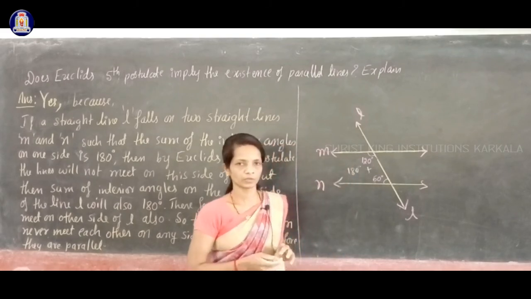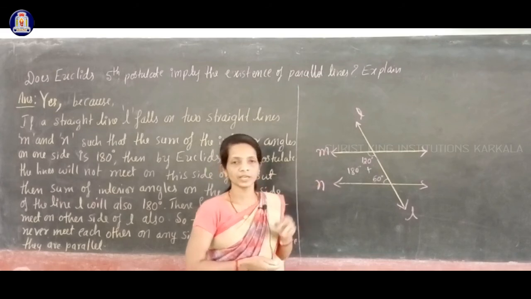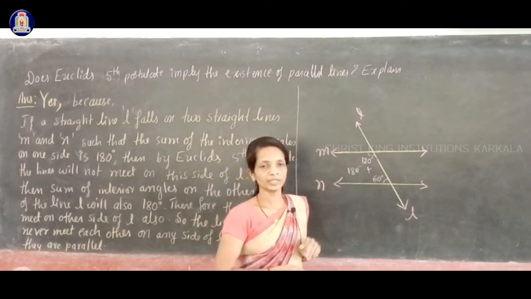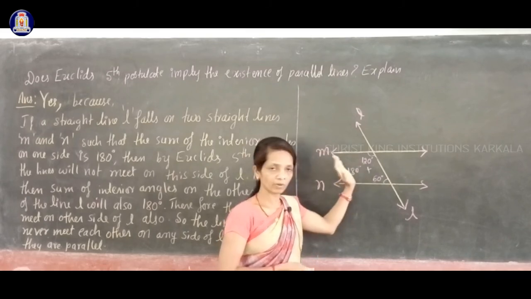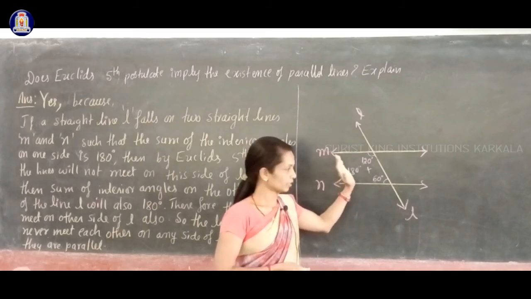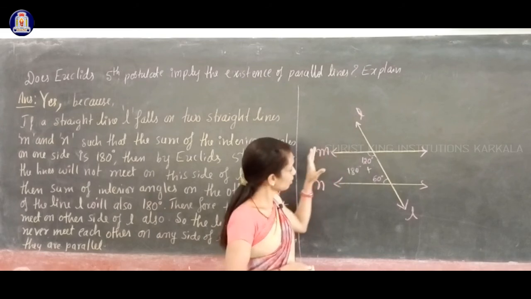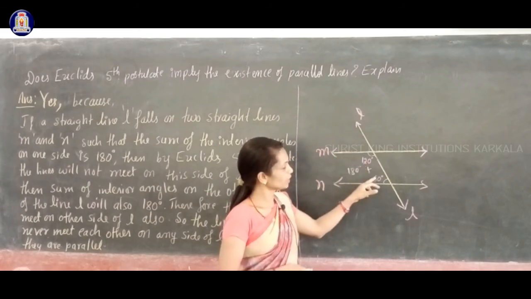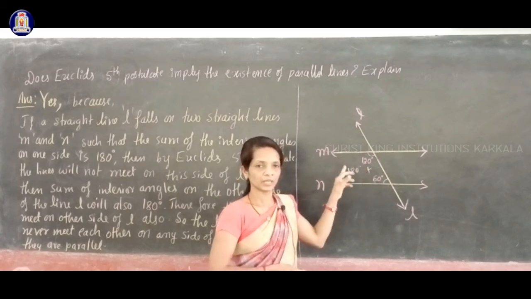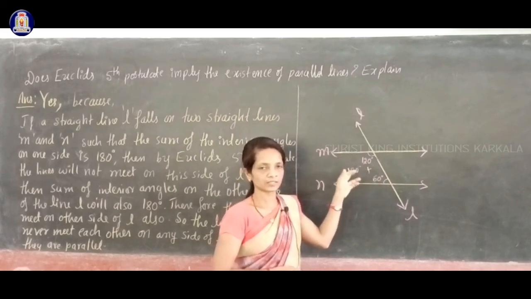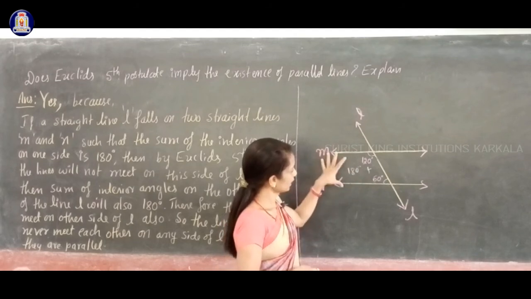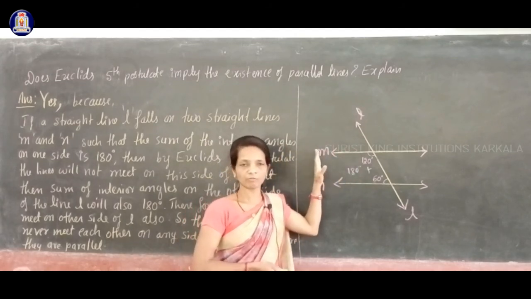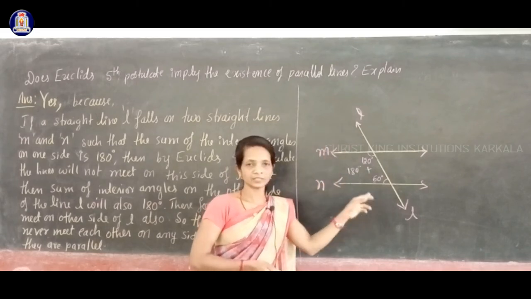According to Euclid's fifth postulate, M and N will meet on the left side only if the sum of two interior angles there is less than 180 degrees. But here the sum of these two interior angles is equal to 180, that is not less than 180. So these two lines M and N will not meet on the left side of this line L.